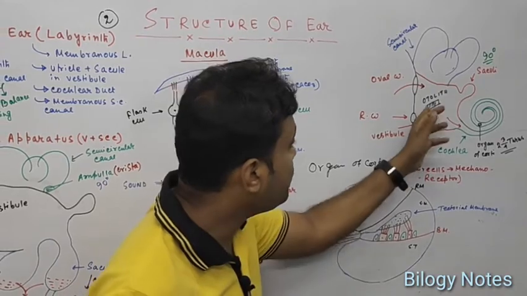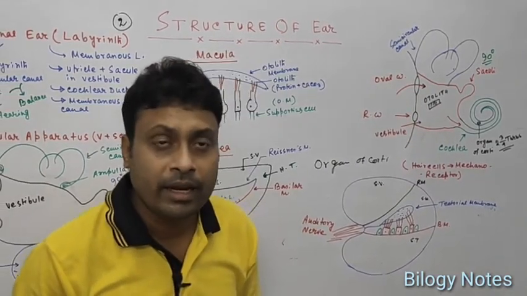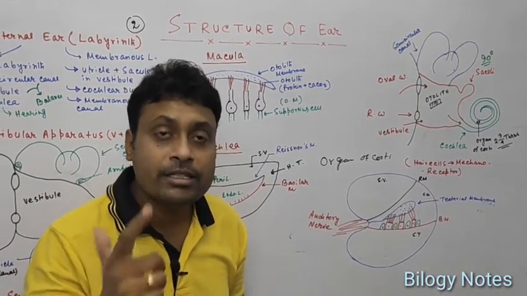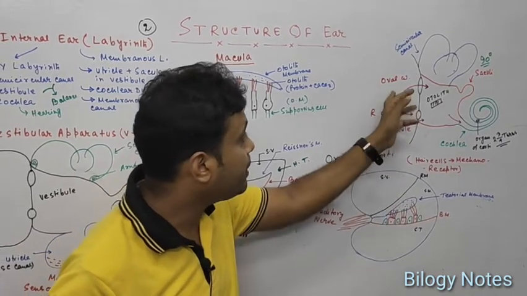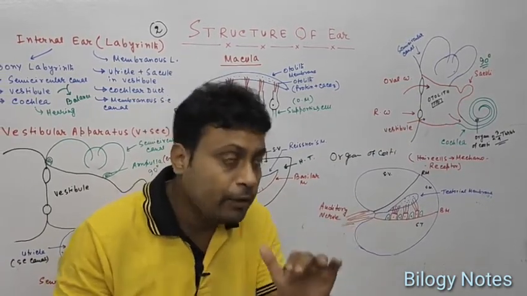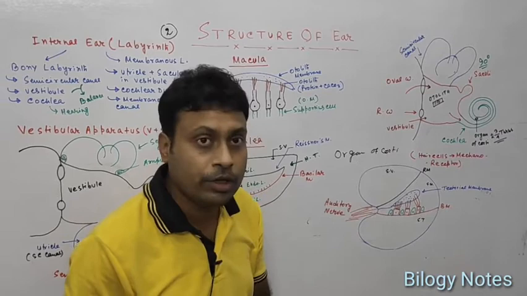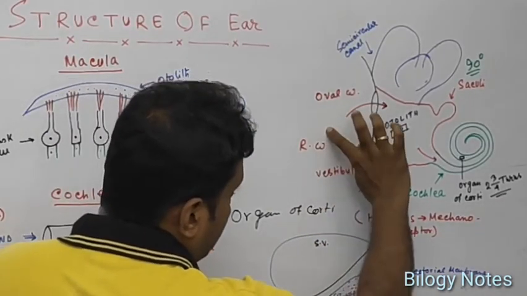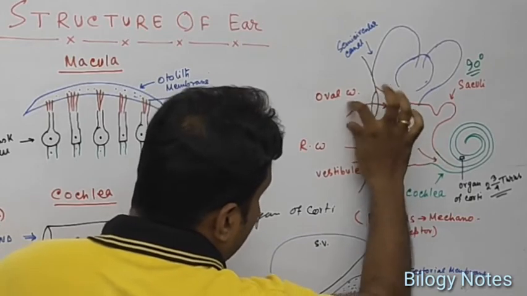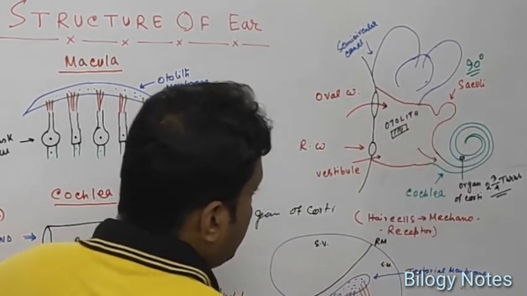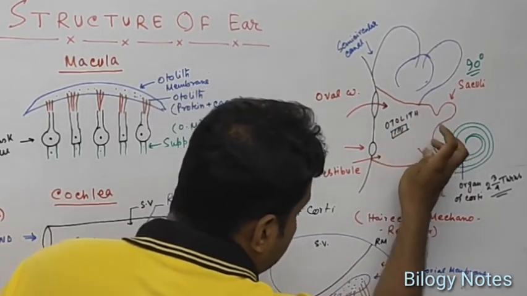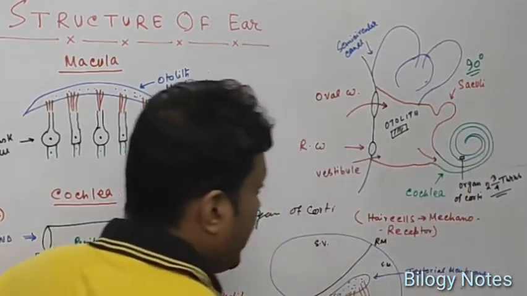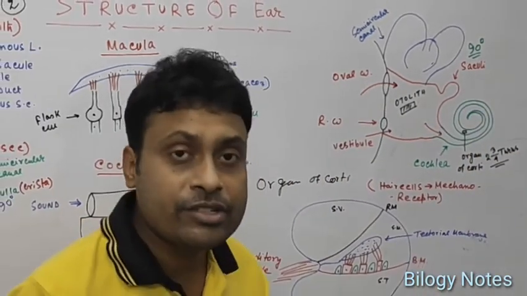Actually, the vestibule is connected with our middle ear, and you know the middle ear contains two apertures. The upper aperture is known as the oval window, and the lower aperture is known as the round window. So sound waves can pass through the oval window into the vestibule, and then from the vestibule into the cochlea. And the cochlea is a snail-like structure.